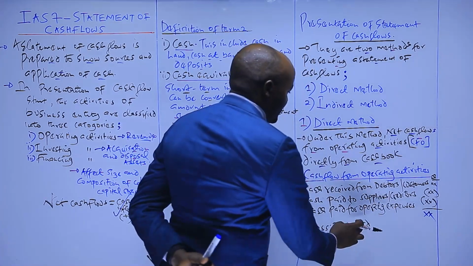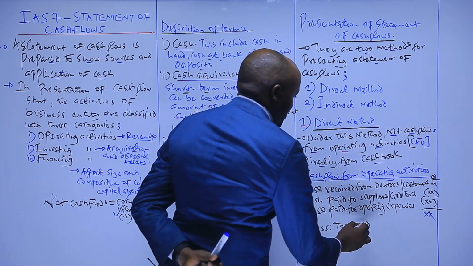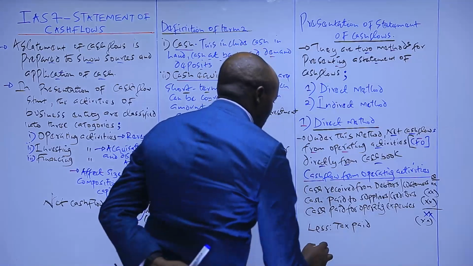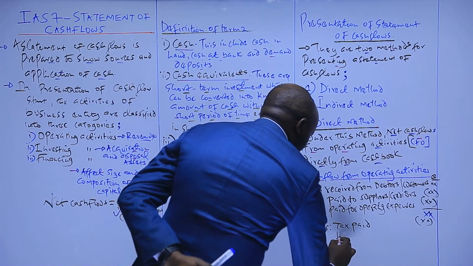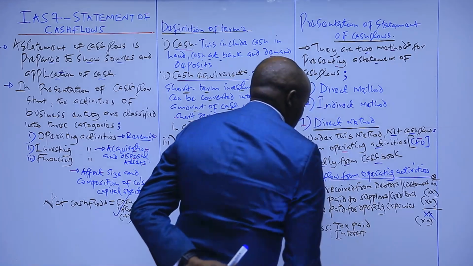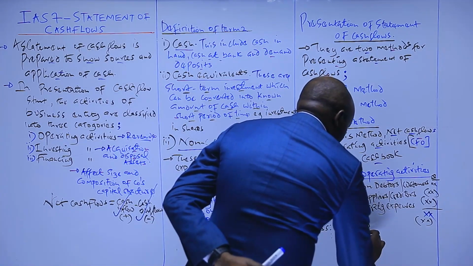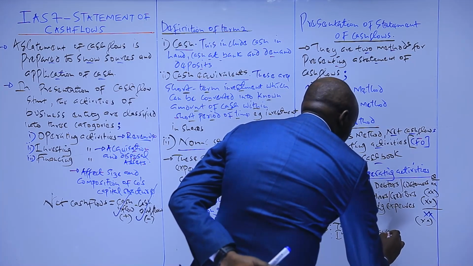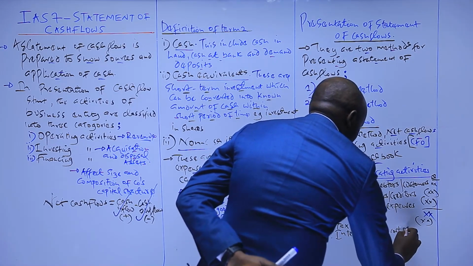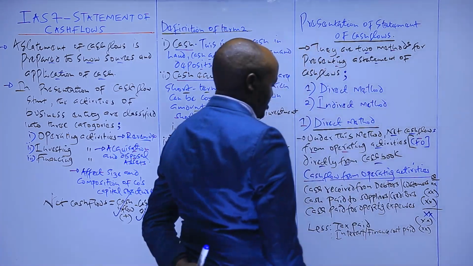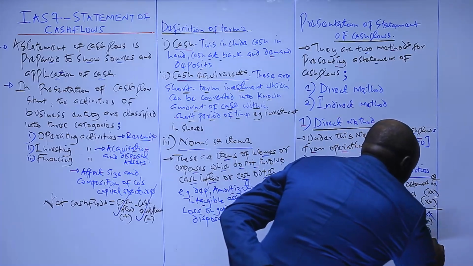The reason why we less the tax paid is because once the company pays a tax, that is still cash outflow. And then we less the interest or finance cost paid.